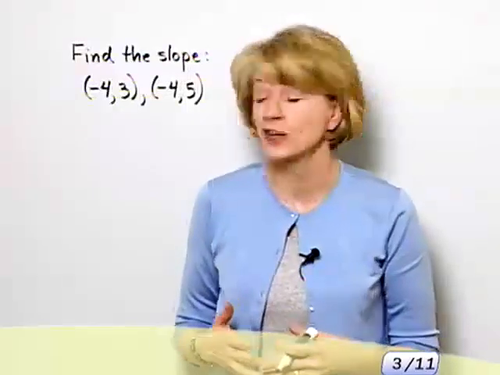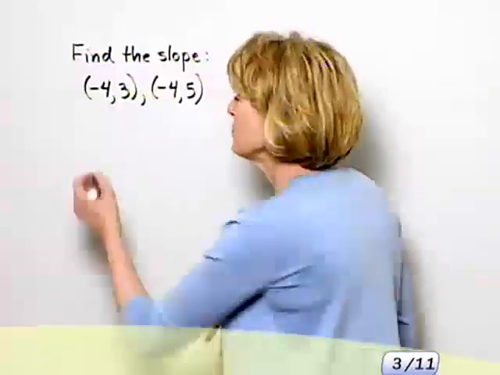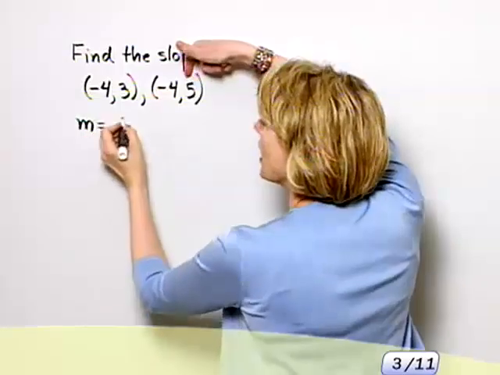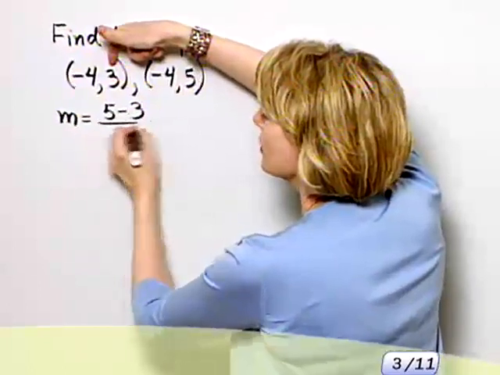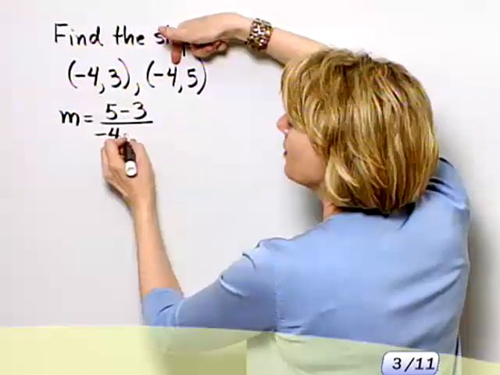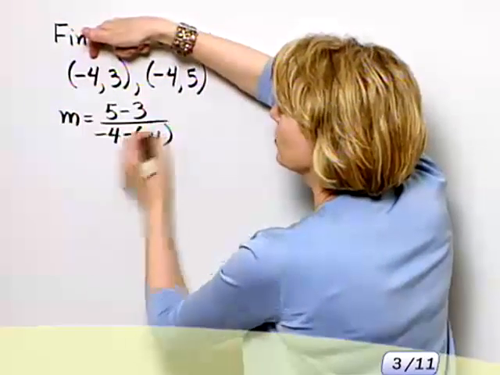Let's now find the slope of the line through these 2 points. We'll use that same slope formula. Slope is equal to y minus y over x, negative 4, be careful, minus this x value, negative 4.